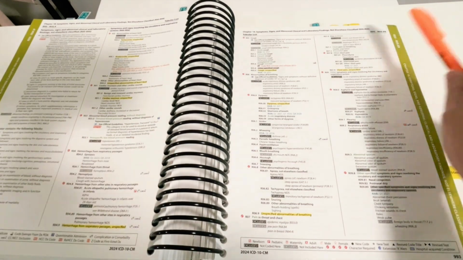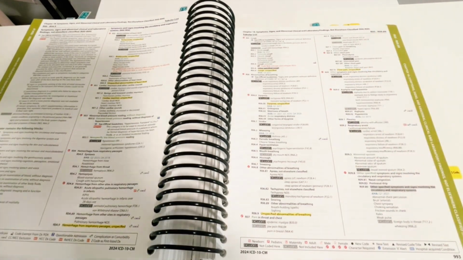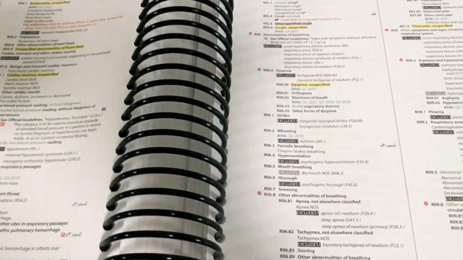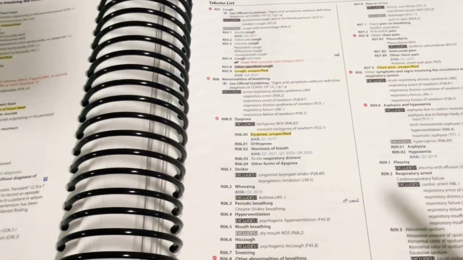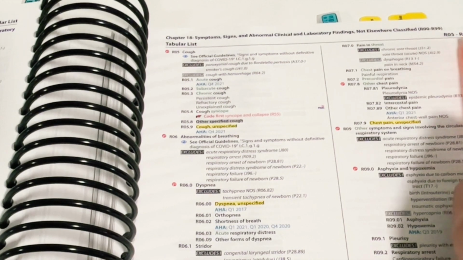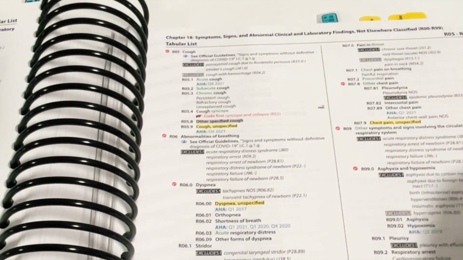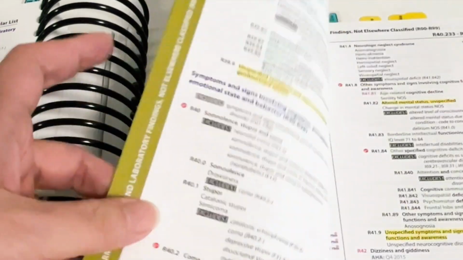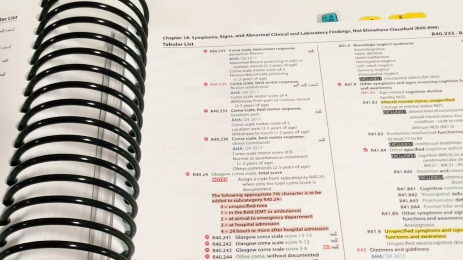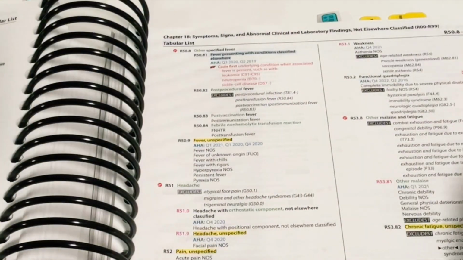Okay. So this one is R05, as you can see. Here we have R05, but we are going to go to R50.9. So let's find, we have R40 until we get to R50.8, but our code is R50.9.